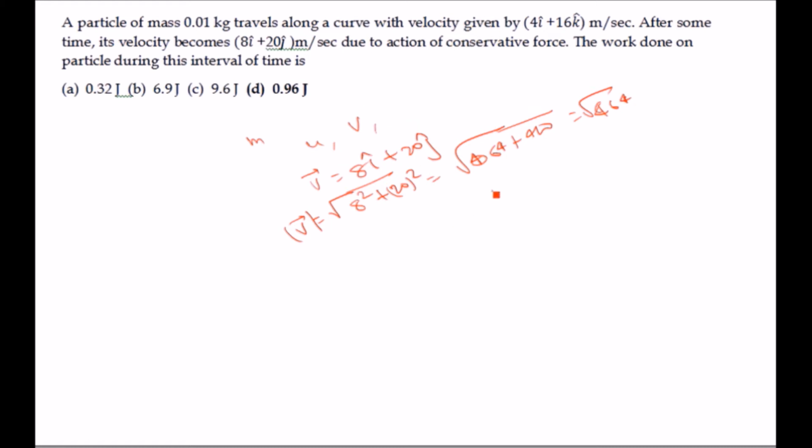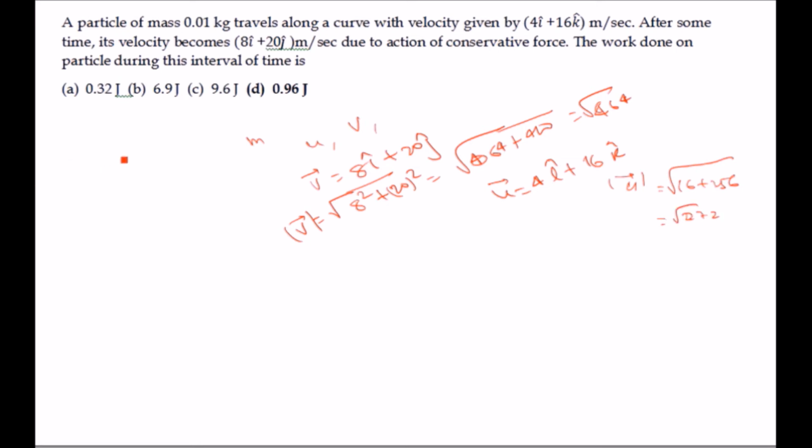Similarly, the initial velocity u is equal to 4i plus 16k, and if you take the magnitude of this initial velocity, u squared is equal to 16 plus 256, that is 272.